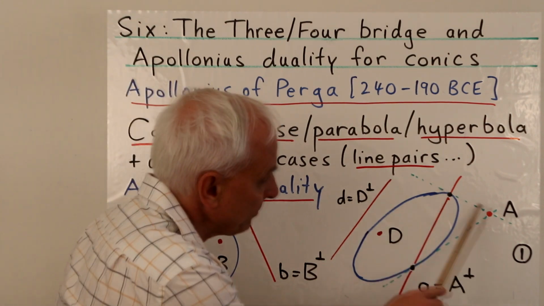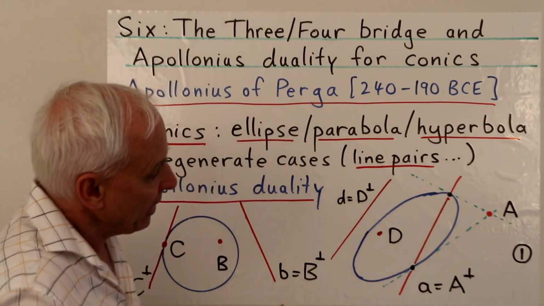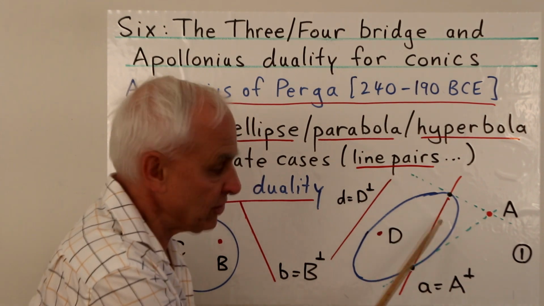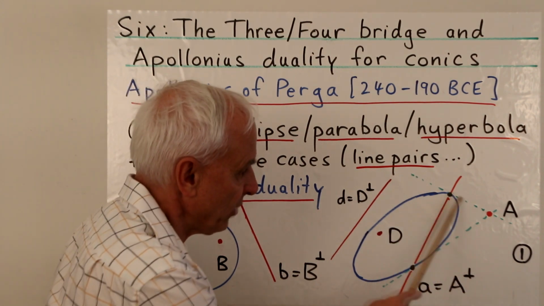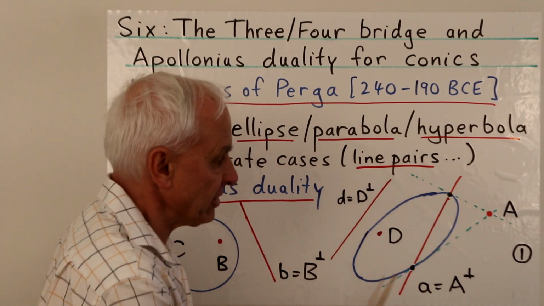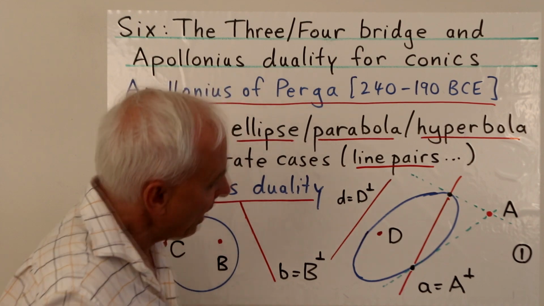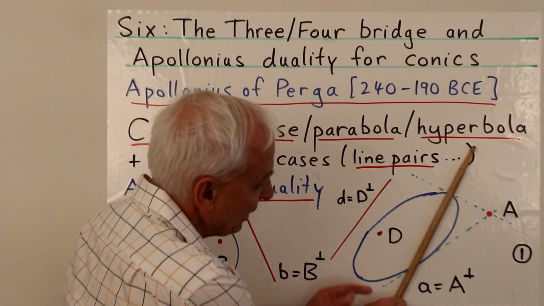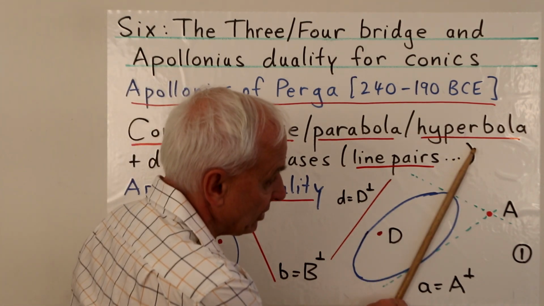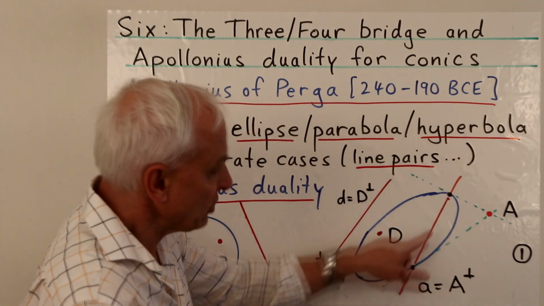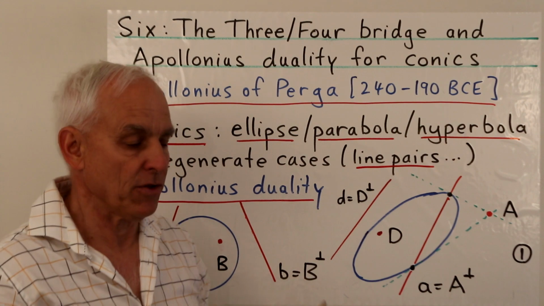Well, this is a preliminary guess. Here you see from the point A, the two tangent lines to the conic. This green line is tangent to the conic and passes through A. And this is another tangent to the conic passing through A. And you can see that the line little a that we're saying is the dual of A is formed by the places where those tangents touch the conic.